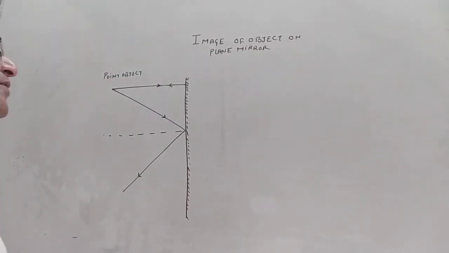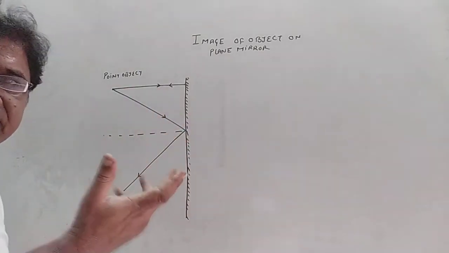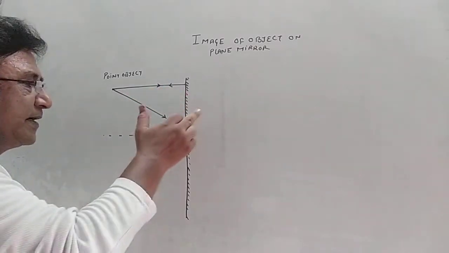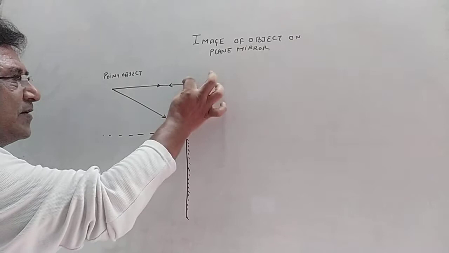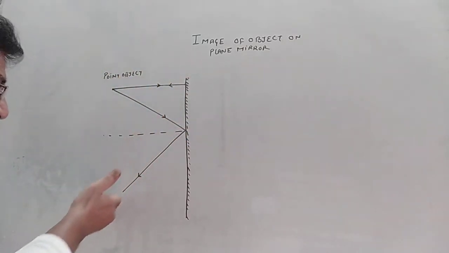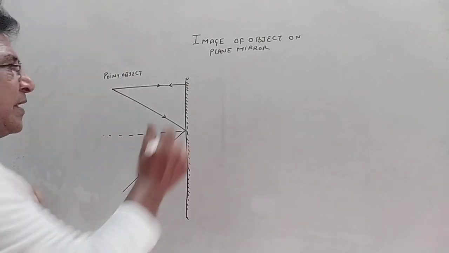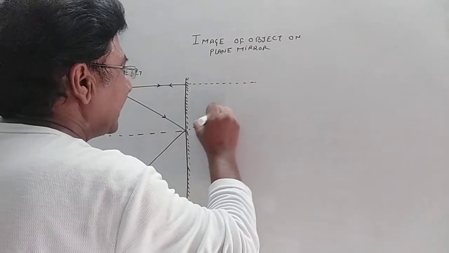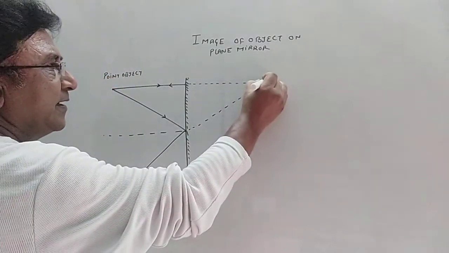So we already said where the image is formed. Image is formed where two reflected or refracted rays meet. In this case we are using reflection. We will look at where two reflected rays actually meet, or appear to meet. This reflected ray is going in this direction, this reflected ray is going in this direction. They are not going to meet anywhere. So we'll extend these reflected rays and they appear to meet here.